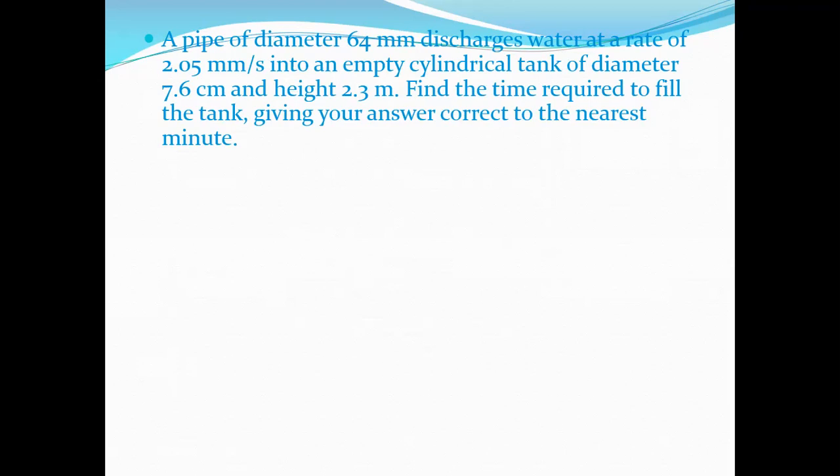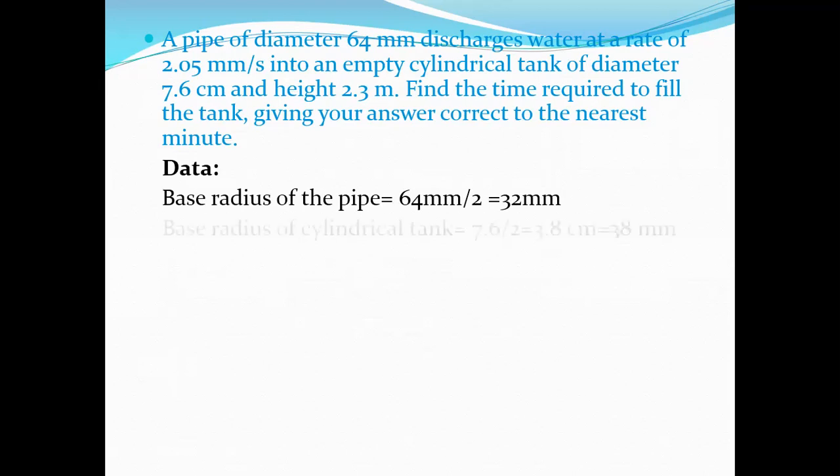How much time will it take to fill? So the data will be: the base radius of the pipe is 64 millimeter. Again, this time diameter is given, so we have to convert it into radius, divided by 2, that is 32 millimeter.